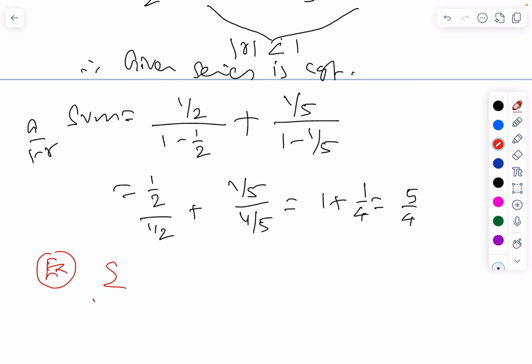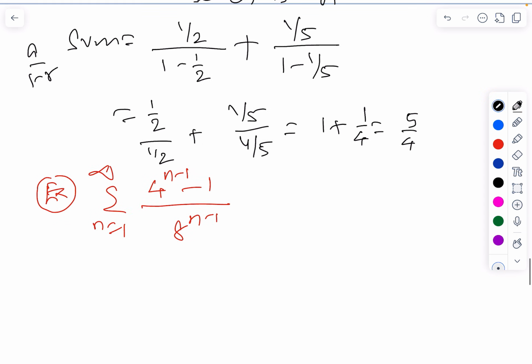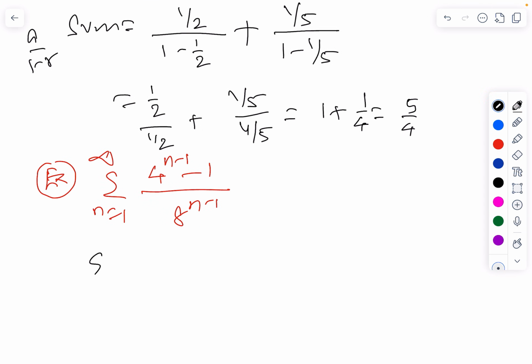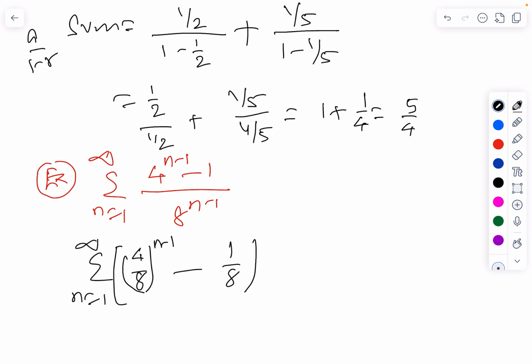Let us see the series, n equal to 1 to infinity, 4 power n minus 1 minus 1 over 8 power n minus 1. Now here the series is n equal to 1 to infinity, 4 by 8 power n minus 1 minus 1 by 8 power n minus 1.